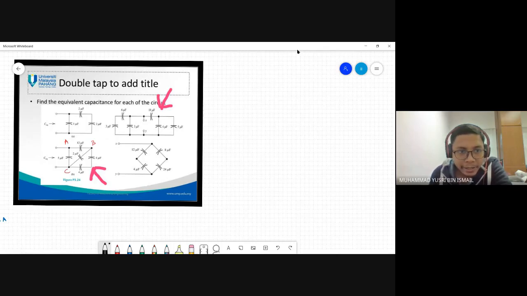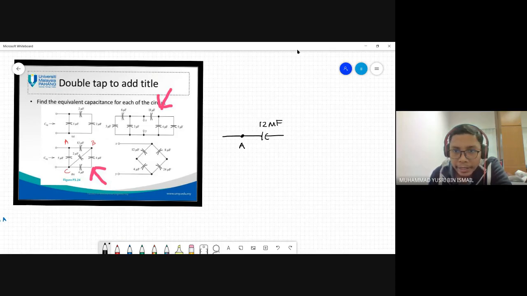In this case, untuk node A, this is node A. And then from node A to node B, there will be one capacitance known as 12 microfarad.